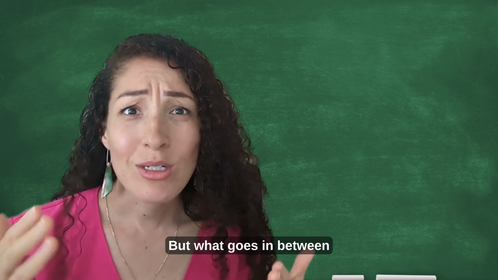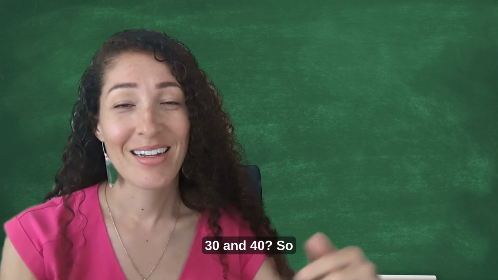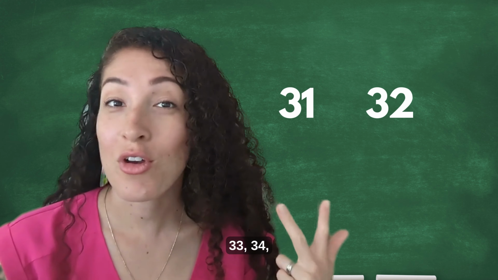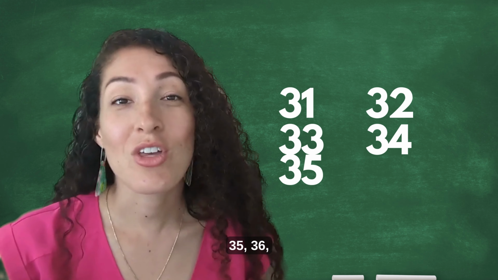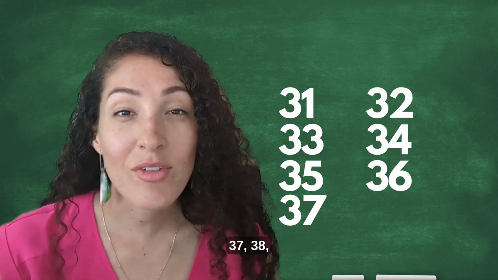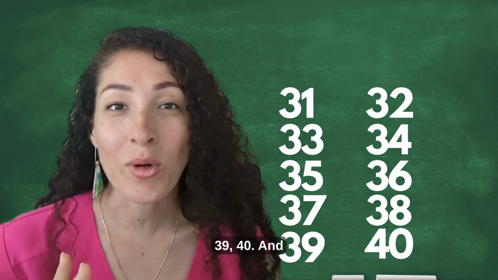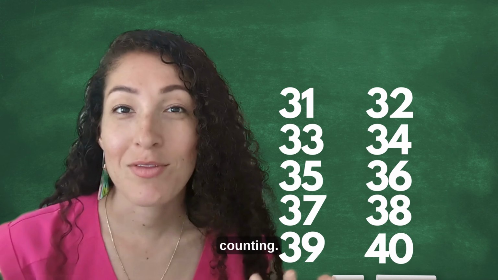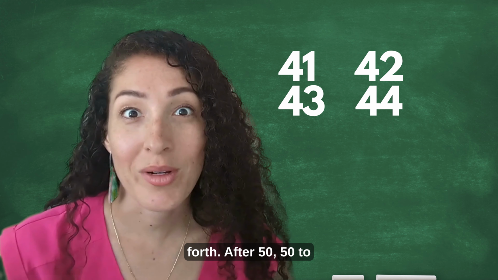But what goes in between 30 and 40? So you've got 31, 32, 33, 34, 35, 36, 37, 38, 39, 40. And after 40 to 50, the same type of counting. 41, 42, and so forth.